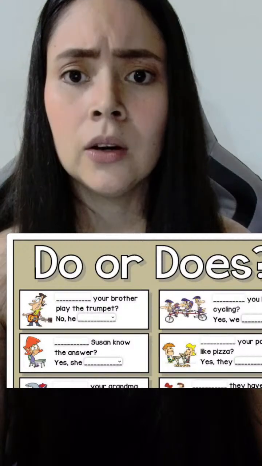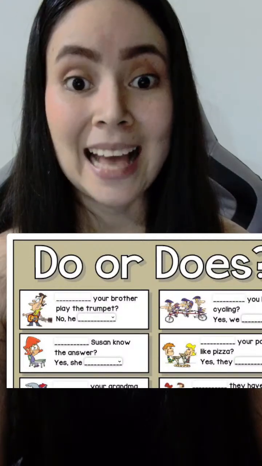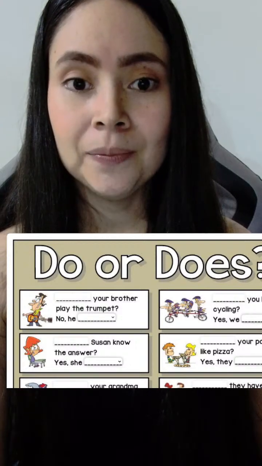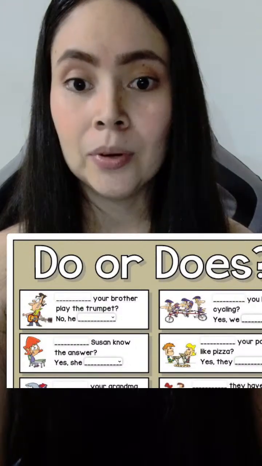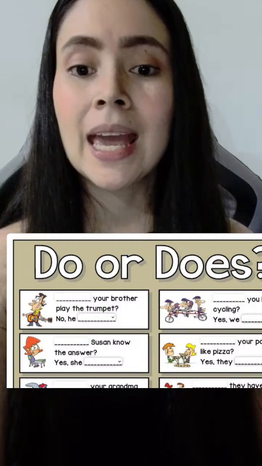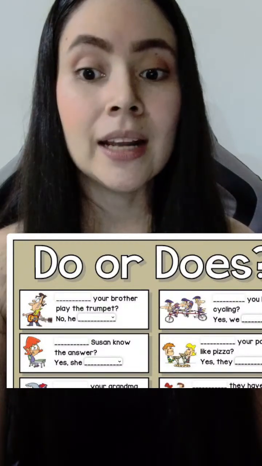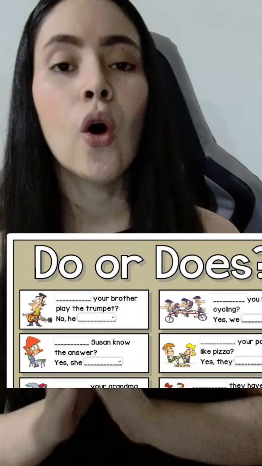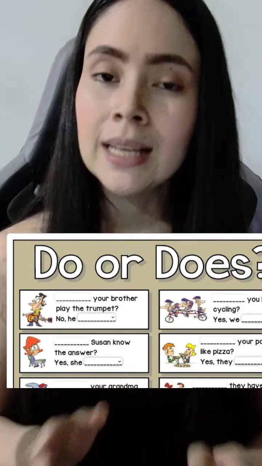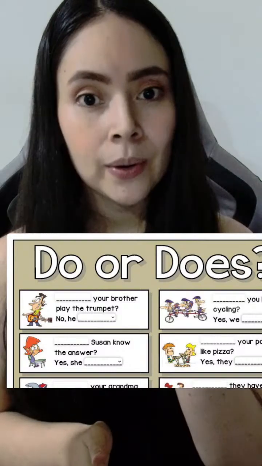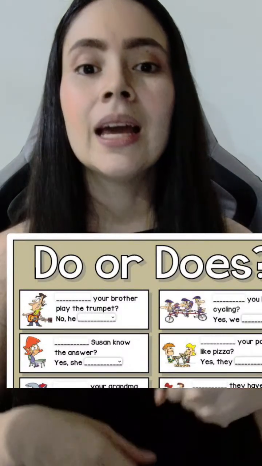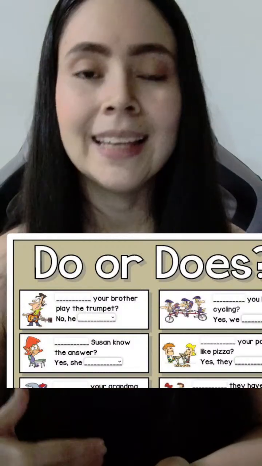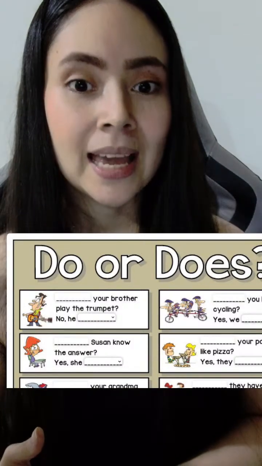Okay, so for example, here we have do and does. All of these examples are questions and are yes, no questions. All the yes, no questions start with the auxiliary, and later the subject, later the verb, and the complement.